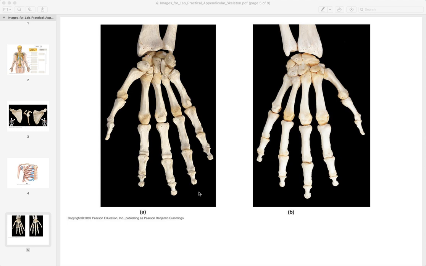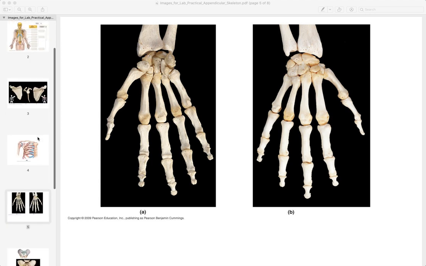Okay, next we have the pelvic girdle, which is the hips.